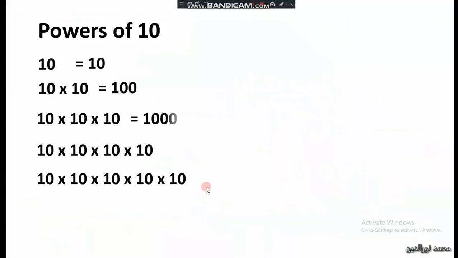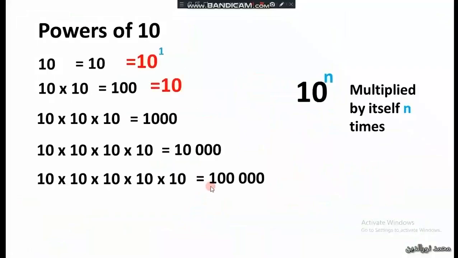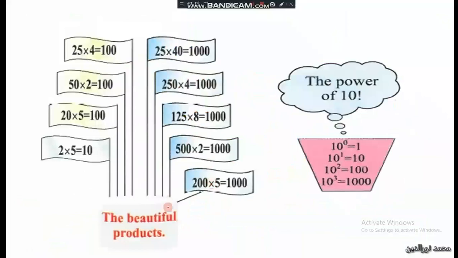So these are the powers of 10, and these are the factors of powers of 10. These factors are very important. 2 times 5 is 10, 20 times 5 is 100, 50 times 2, 25 times 4, 250 times 4, 125 times 8, 500 times 2, 200 times 5.